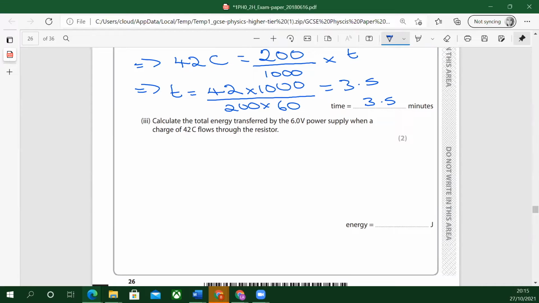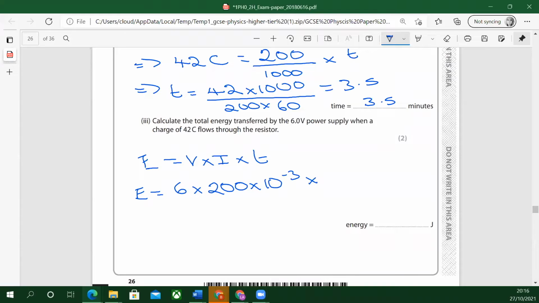So we're going to use E equals V times I times T. Again, there's no rearranging going on. Voltage, 6 volts. The total energy supplied through the resistor, it was at 200 milliamps. So this time I'm going to write 200 milliamps as 200 times 10 to the minus 3.